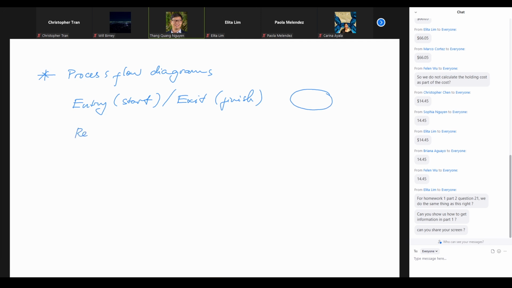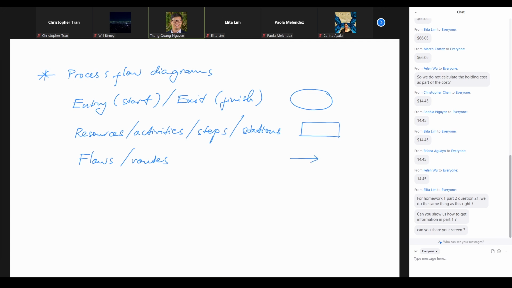If we talk about resources or activities or steps or stations, we would use a rectangle to draw it, right? For flows or routes, we simply use arrows to show.